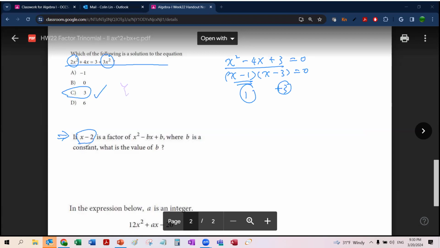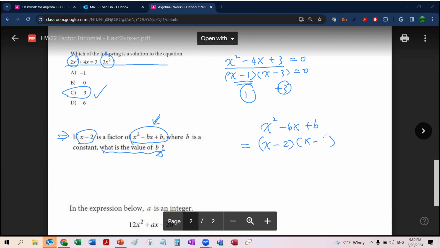If x minus 2 is a factor of this part, which is the B, what's the value of B? So it means x squared minus bx plus b becomes x minus 2 times x what, right?